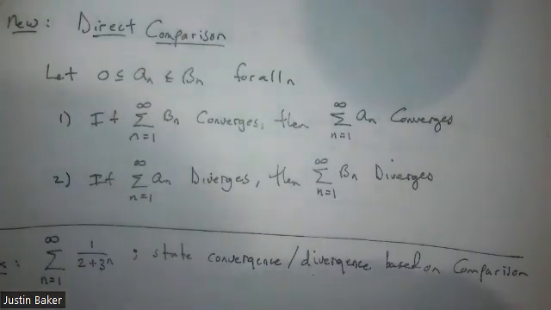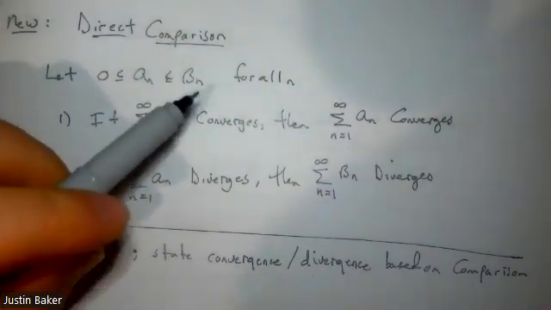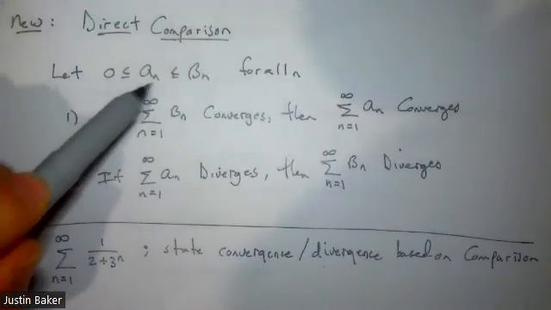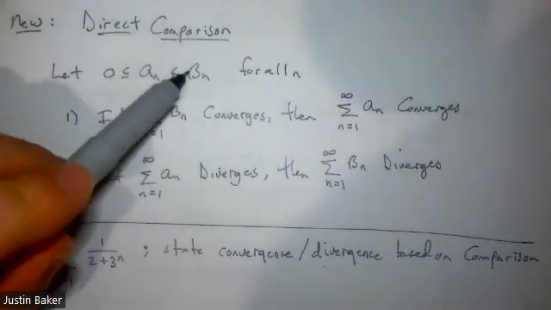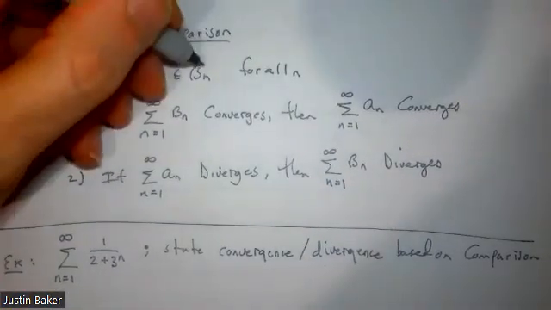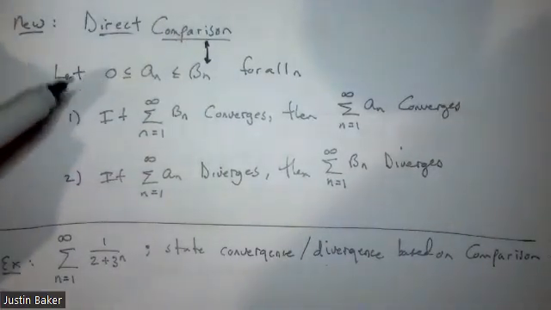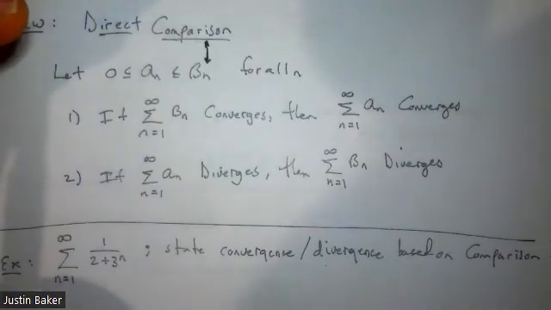All right, so we are going to be given something, and typically it's going to be a P series that we use on the other side of this, but we're going to let the thing we're interested in here, A of n, be between 0 and this one here, we can call this the comparison. And there's two situations that we can come up with.